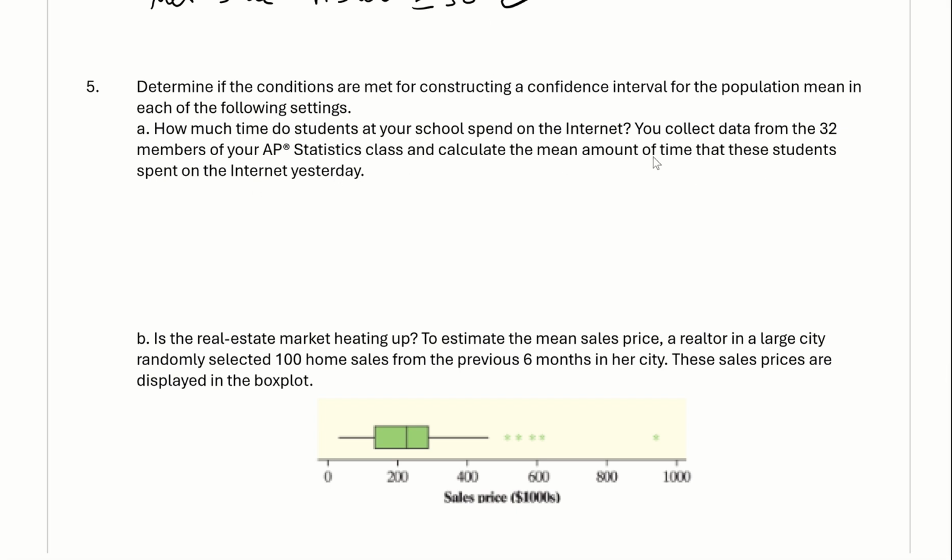All right, so let's check the random condition. So is that random condition met? Well, it cannot be met because in this case you are collecting data from your AP Statistics class, right? So it's not a random sample of students. It's actually a convenience sample, right?